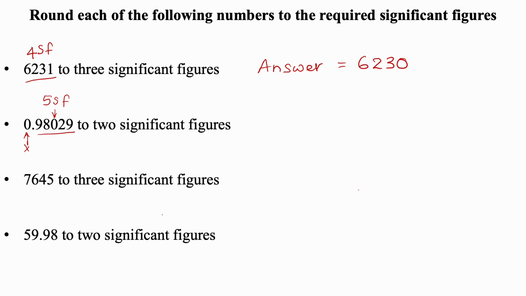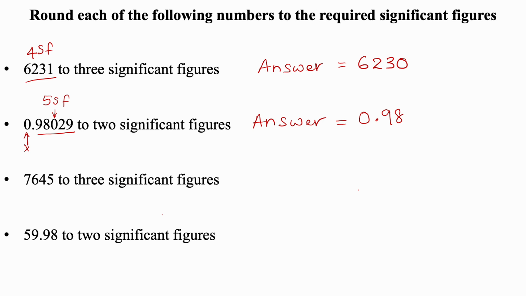Those are 9, 8, 0, 2 and 9. However, we are going to round off this number to 2 significant figures. When you are rounding off, the last number that you are going to drop here is 0. Therefore, your answer is 0.98 with 2 significant figures.